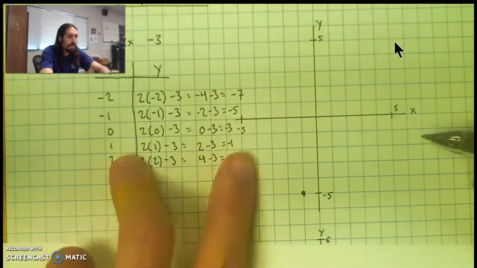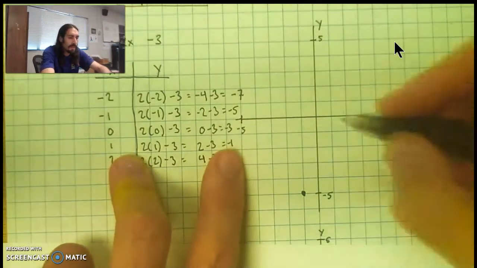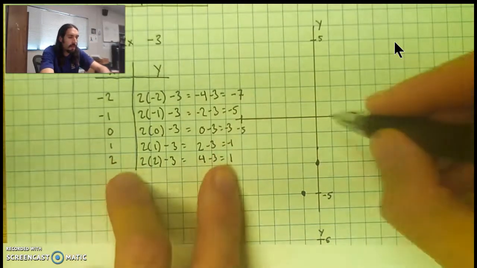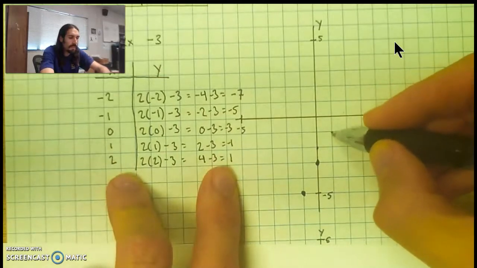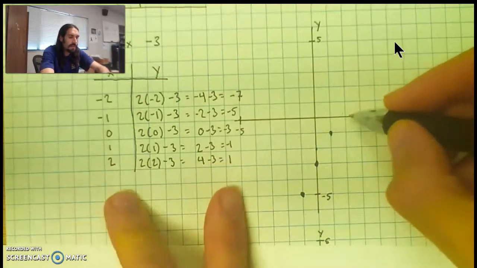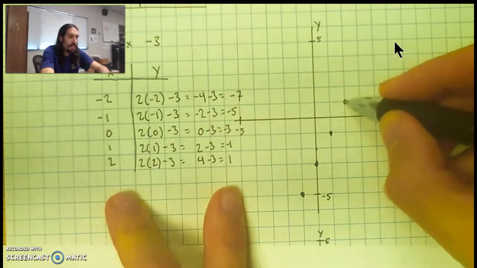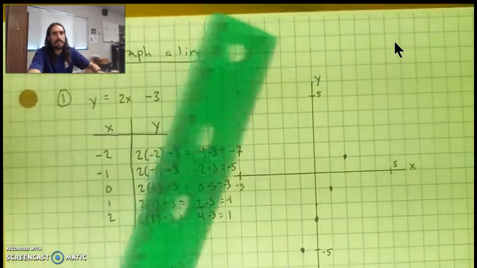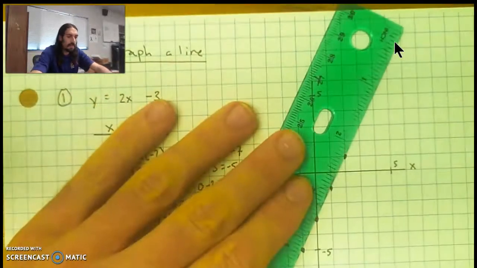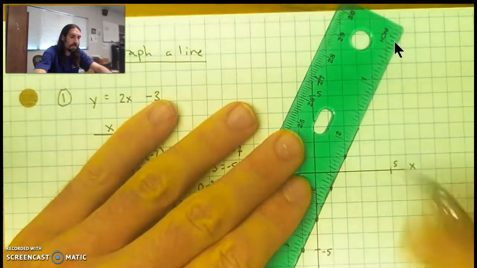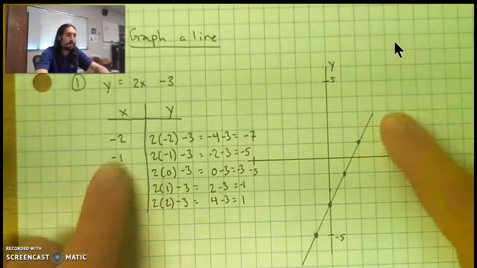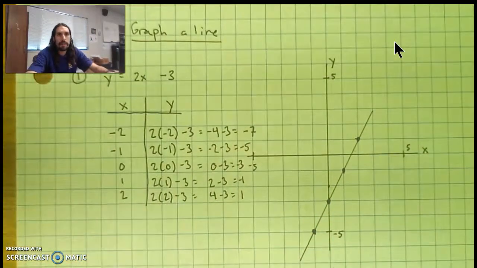My next point is going to be 0, negative 3. So that's going to be right there. I'm then going to be at 1, negative 1. And then finally at 2, positive 1. And so we can see that string of dots right there forming that line. And if I come in with a ruler or some sort of straight edge, I can draw that line in. And this line will be 2x minus 3.